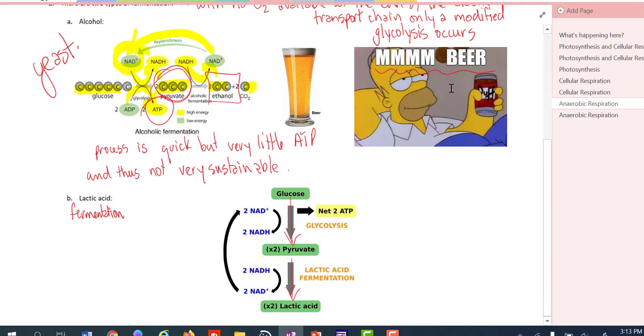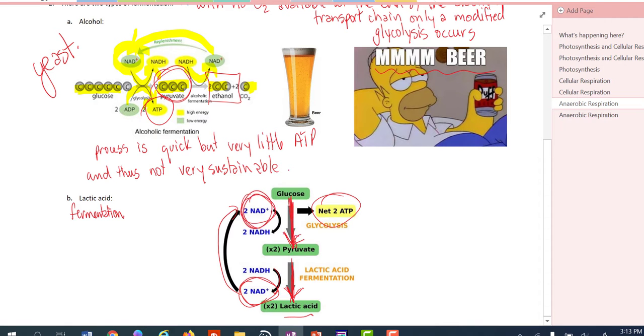So in our cells, if you starve them of oxygen, they're going to break down glucose, producing the pyruvate. You're going to get some ATP, but again, to keep it going, the second step is kind of important, and that's the conversion of the pyruvate into the lactic acid, which regenerates that NAD+.